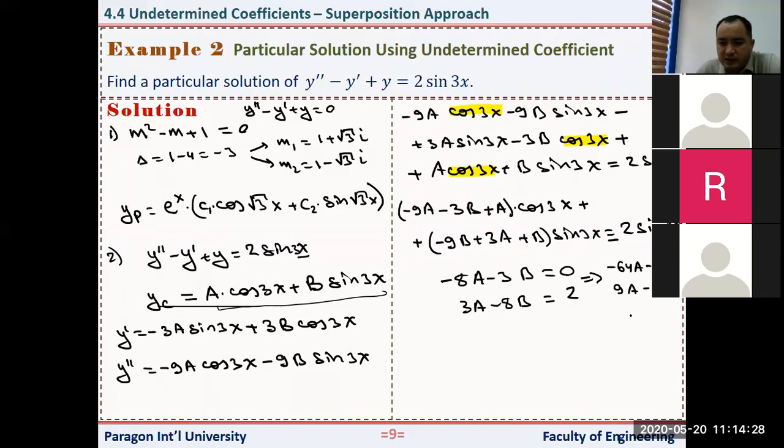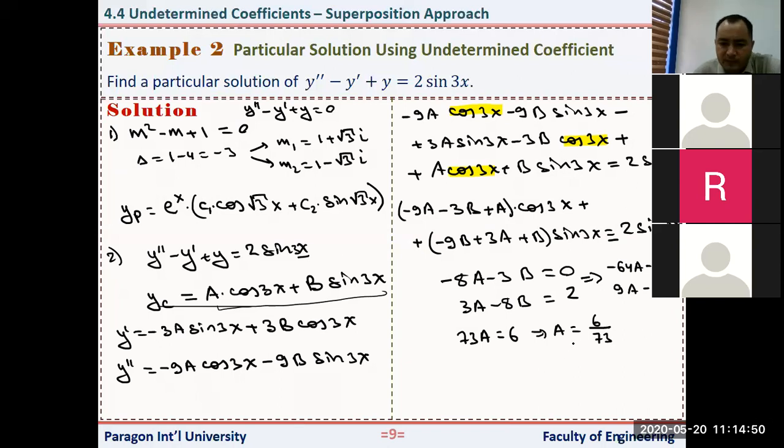Okay. So if you just subtract this, 9a minus minus 64a is equal to 73a. And here we have 6 minus 0 is equal to 6. So from here, a is equal to 6 over 73.